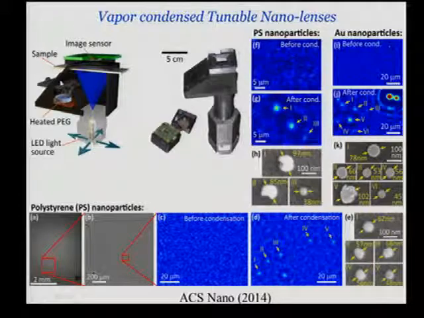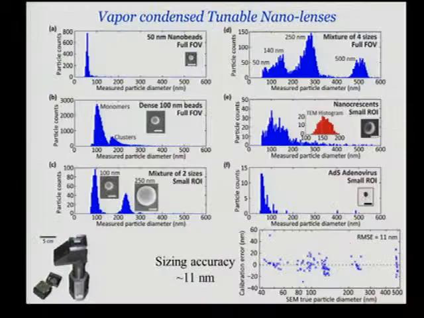So I won't go into the details of this platform because I know that some of you are very familiar with it through UN, and if you are interested, I would recommend you follow up with those ACS Nano papers. It has a good sizing accuracy, about 10 nanometers across a large dynamic range.